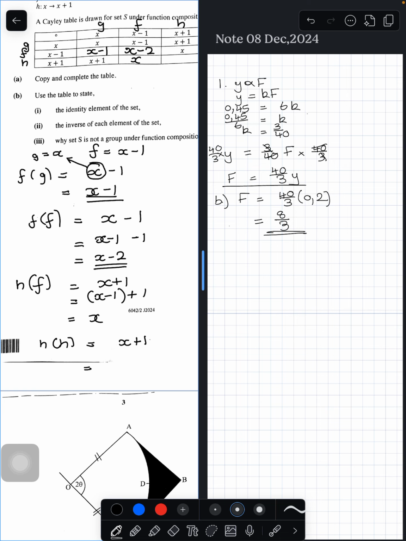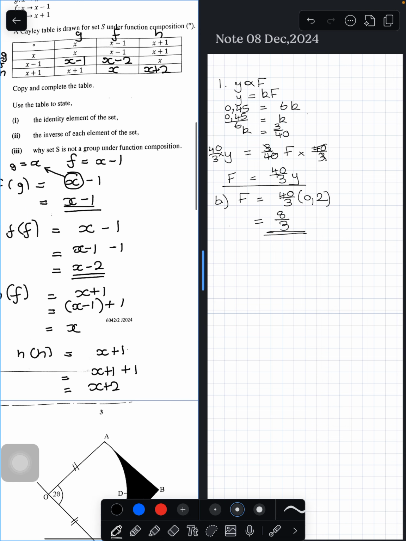So where there is an x, we're replacing this x with x plus 1, and then this plus 1 will come down as it is. So at the end, our answer is going to be x plus 2. Right, we get our 2 marks.